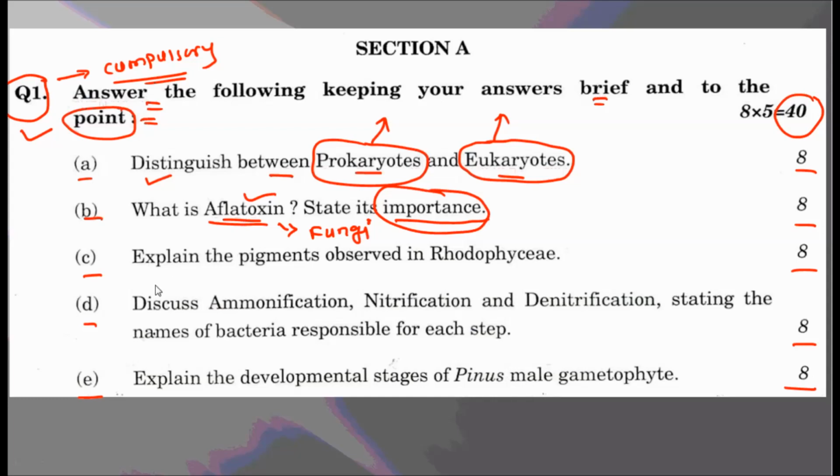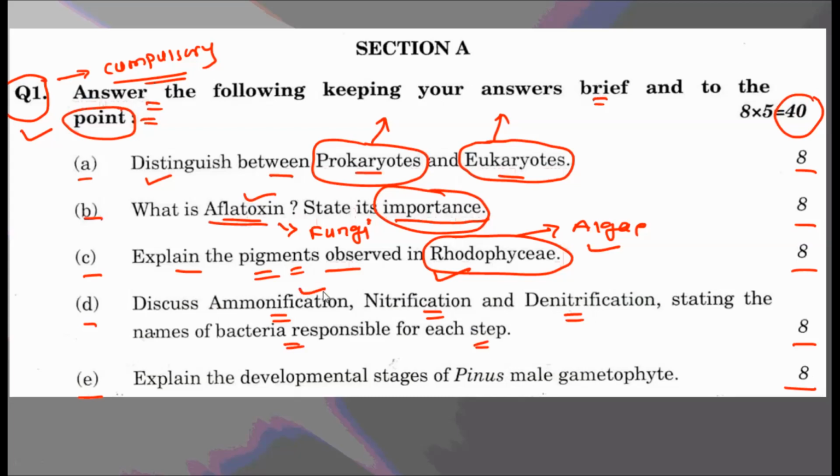In C, we have to explain the pigments observed in the rhodophyceae. As you know, rhodophyceae belongs to the group algae. So you have to write down the pigments found in the rhodophyceae. In the next question, they ask about ammonification, nitrification, and denitrification, stating the names of bacteria responsible for each step.